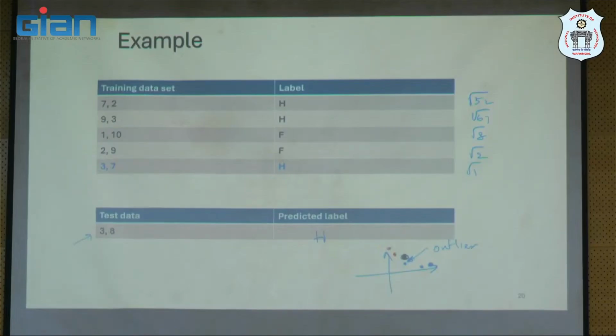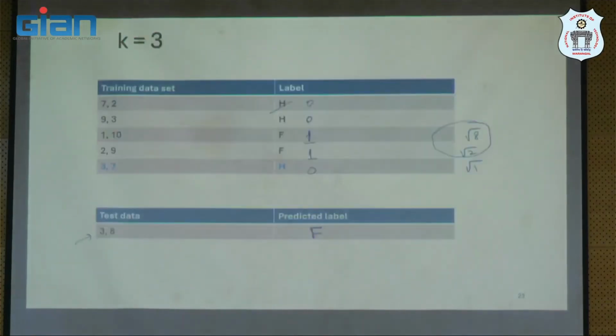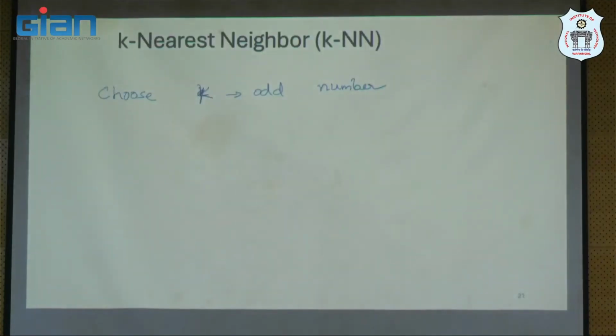So this is not a good example. However, you must keep in mind that choosing k can impact your outcome considerably. And the algorithm itself needs the value of k to be given by you. Any parameter that must be entered into the algorithm by you for it to work is called a hyperparameter. So k is a hyperparameter for this algorithm that you need to specify for the algorithm to give results.